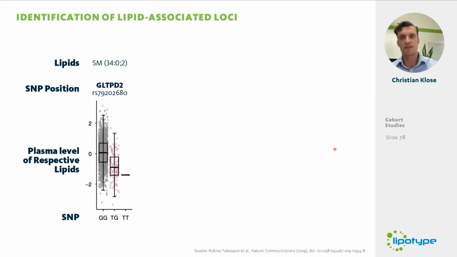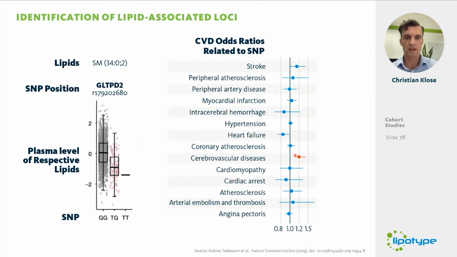We also found that the SNPs actually have phenotypic consequences regarding changes in lipid levels. And shown here is an example for one sphingomyelin species. This particular SNP is associated with the incidence of cerebrovascular diseases, shown here, which is characterized by damaged blood vessels in the brain, resulting in a so-called mini stroke.